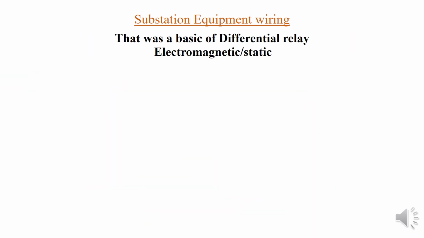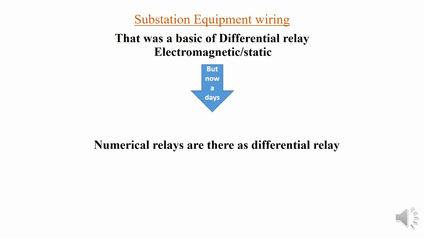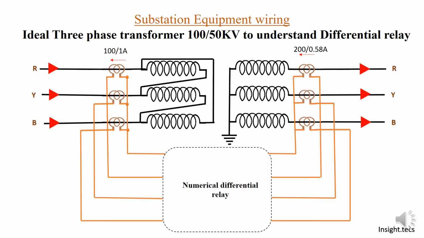So that was the basics for a differential relay which is electromagnetic or a static relay. But nowadays we have numerical relays as differential relays. For a numerical differential relay, you do not require to provide any bias or anything. The numerical differential relay itself will have some settings, and also for the CT connections you can connect a star connection on both sides of the CT.